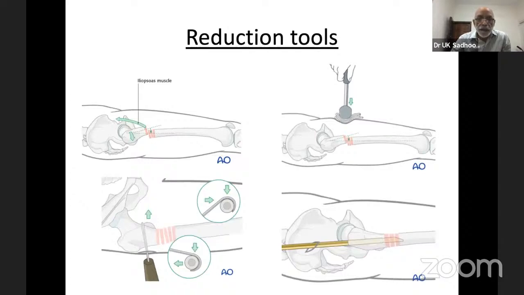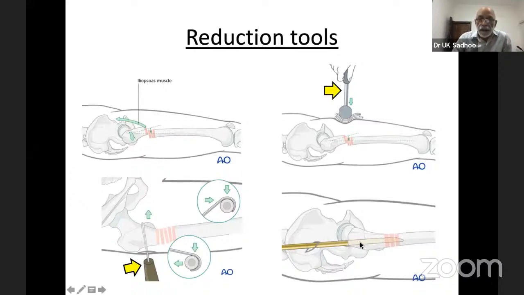You have the hook, which can be passed just over the lesser trochanter to manipulate the proximal fragment.